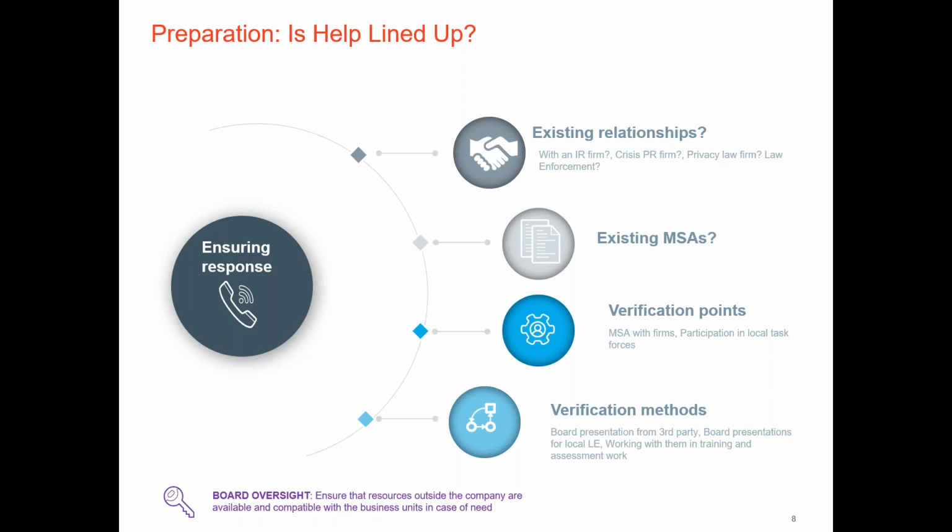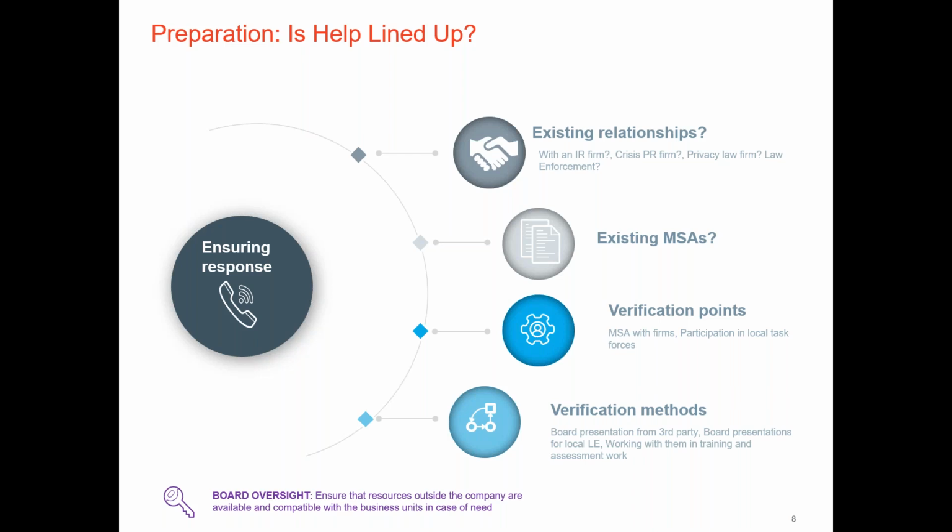You want to know that you trust your communications firm and you like the way they communicate before you need a critical message out to your customers. You need to make sure that you have comfort and trust in the advice and approach of your firm that's helping you with legal matters before you start to ask for that advice.